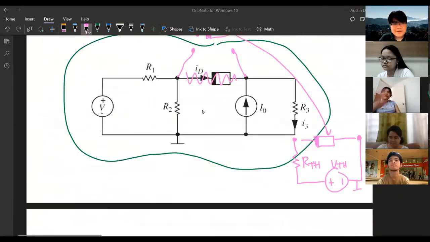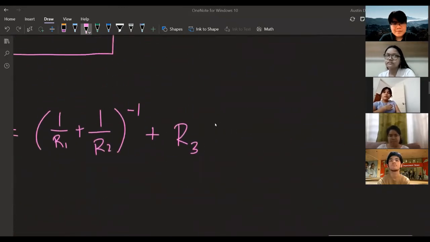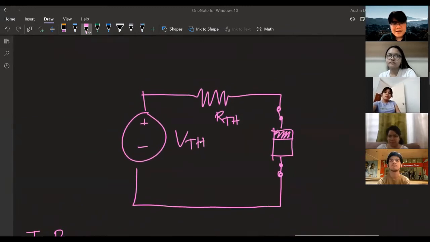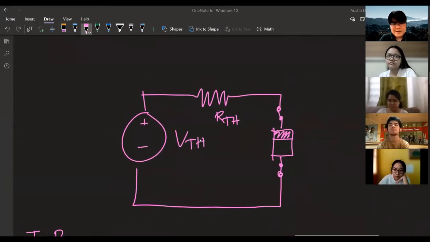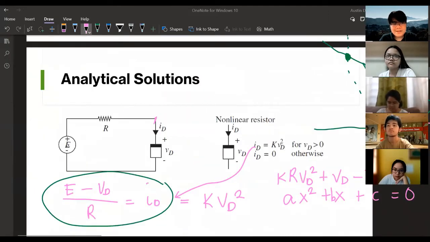Okay. So, after nito, ito na yung nakuha natin, di ba? So, meron tayong similar circuit. So, tandaan nyo itong circuit na to. Kamukha niya to. Okay. But this time, E lang to, tas R. Okay. So, magiging R is equal to RTH. Kasi same solution lang naman to, di ba?